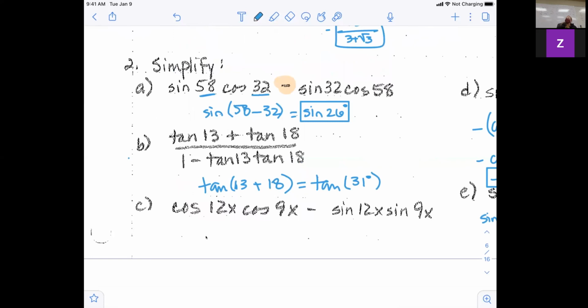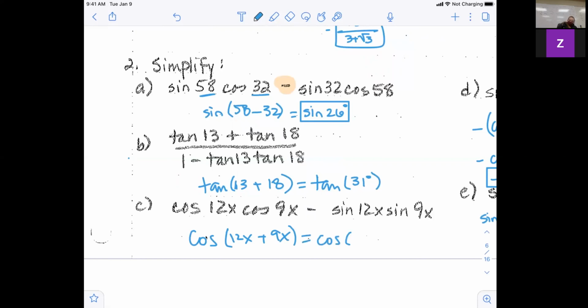13 plus 18, I believe, is 31. All right. Next one underneath that, cosine of 12x, cosine of 9x, minus sine of 12x, sine of 9x. Sine, cosine, and tangent. Which one does that look like? Cosine. Very good. And am I going to add or subtract the two angles? I gave us a lot of adding ones here. And when you add them, that's okay.